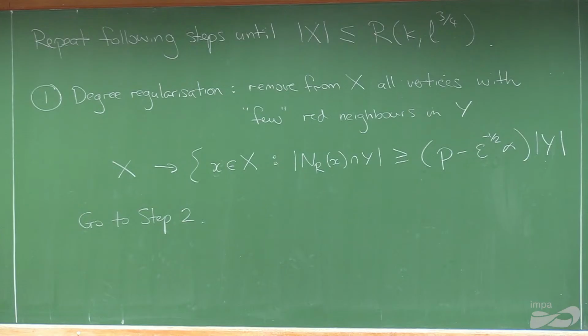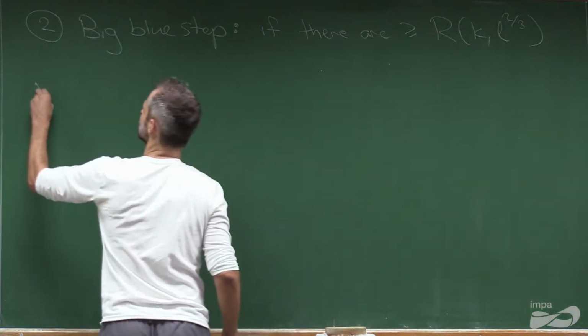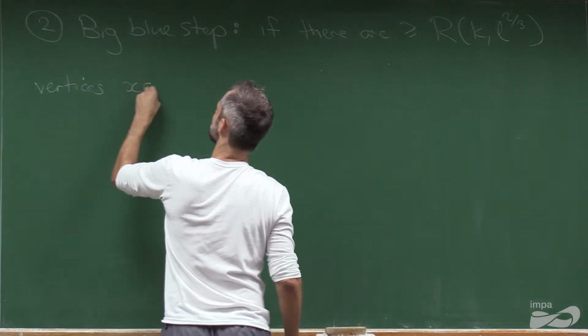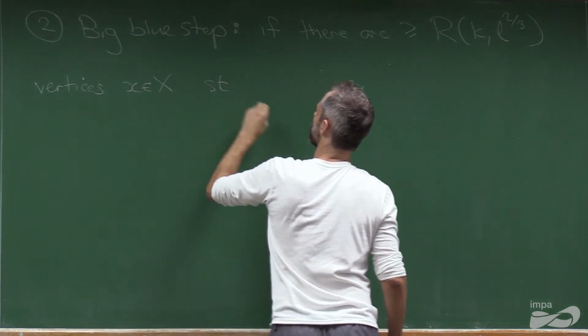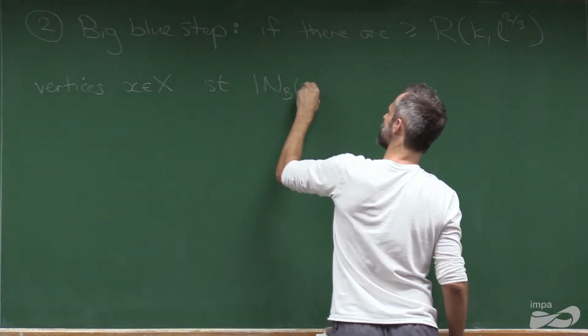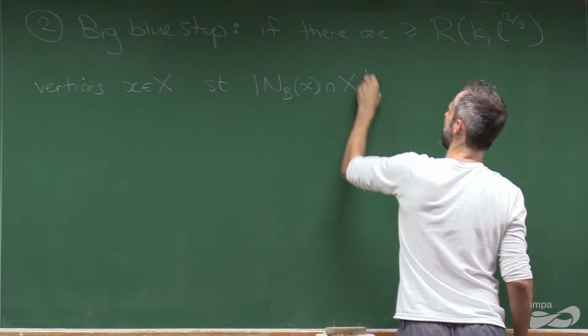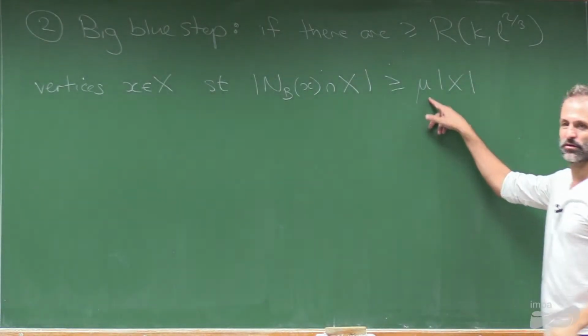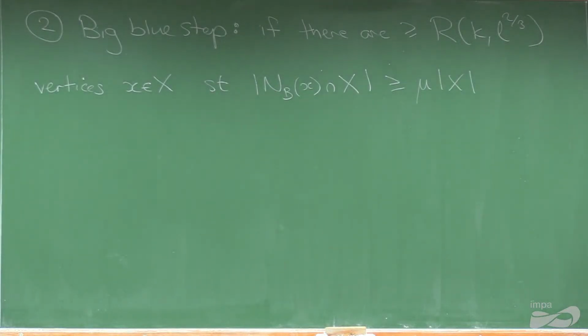If there are this many vertices x in X with many blue neighbors in X, many being measured by mu, then we do the big blue step.